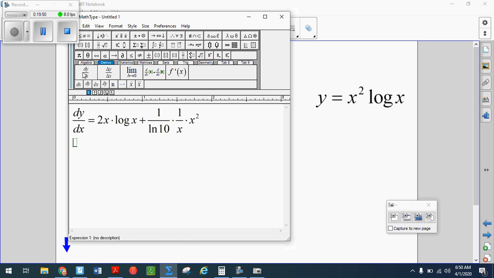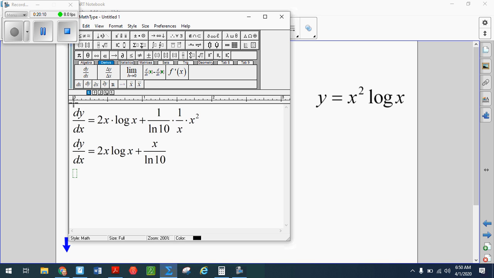So that means my derivative equals, again, 2x log x plus, clean that up a little bit, x over natural log 10.